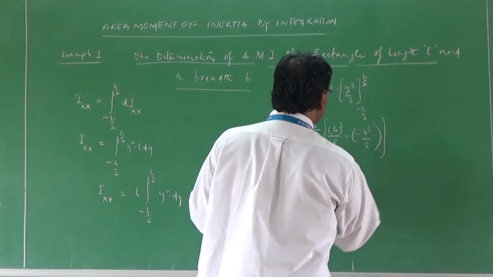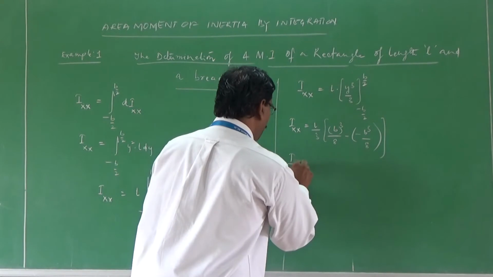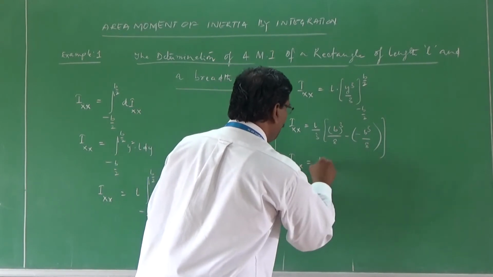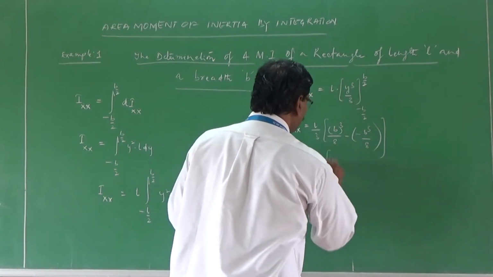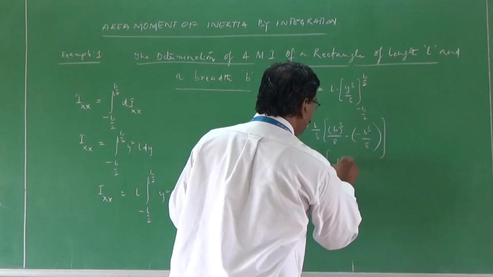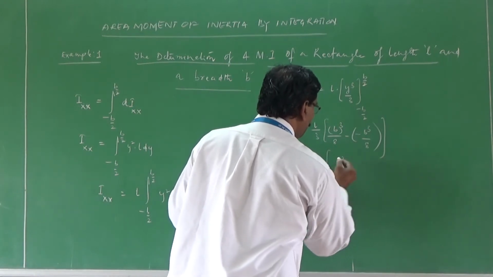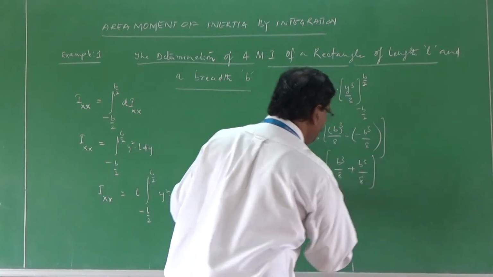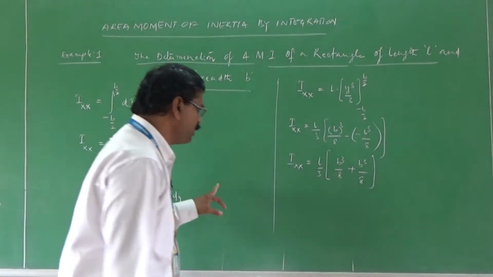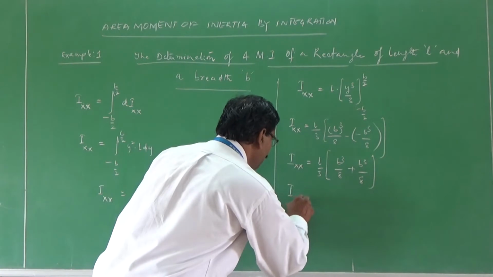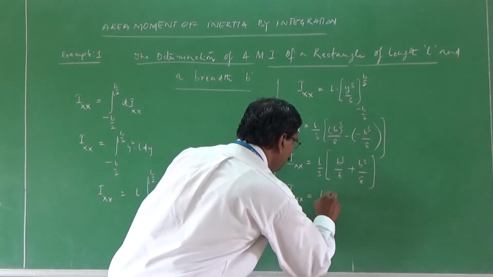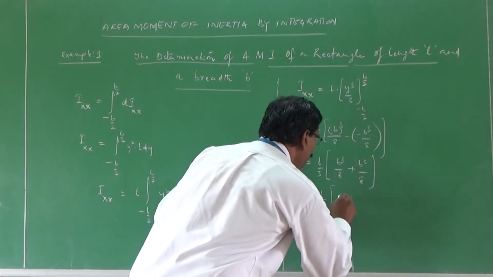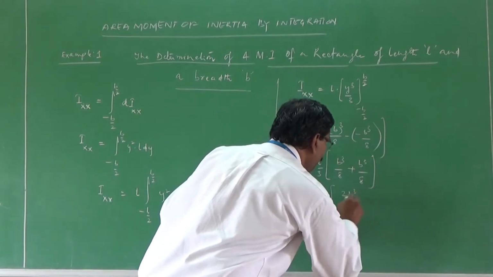After simplifying, Ixx is equal to L by 3 into b cube by 8 plus b cube by 8. Now, taking LCM, we get Ixx is equal to L by 3 into 2b cube by 8.